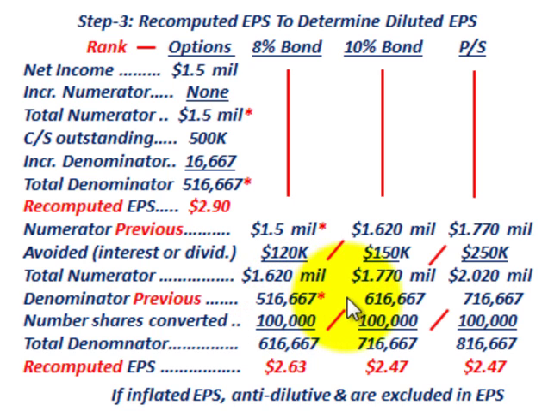Then we take the denominator from the previous amount, the 8% bond, 616,667, and add to it the number of shares that were converted. Again, let's just say it was 100,000 shares, so we come up with our total denominator for the 10% bond at 716,667. So you see the pattern that's going on here, and then the recomputed earnings per share is $2.47.